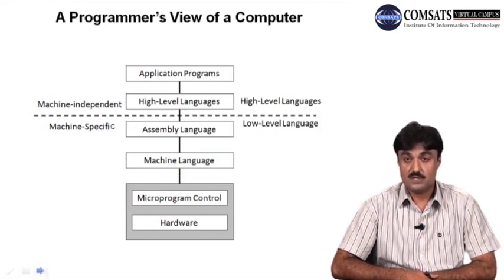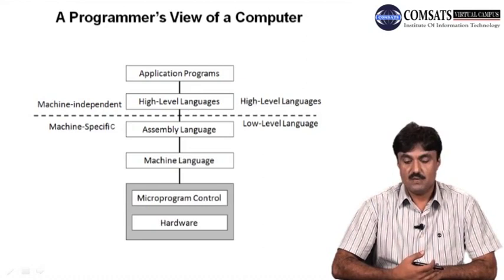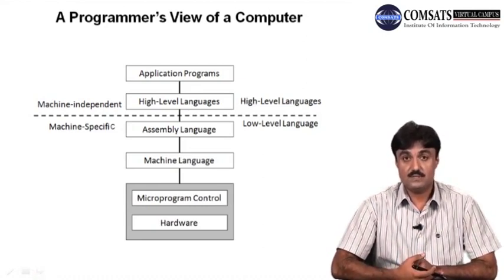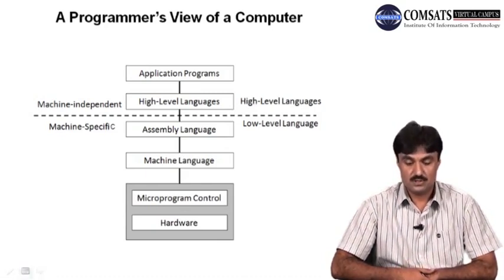The third category is machine language. Whatsoever is written in high-level language is converted into machine level language. We will discuss how we convert those high-level languages into machine code or machine language so that microprogram control and hardware can execute those instructions.